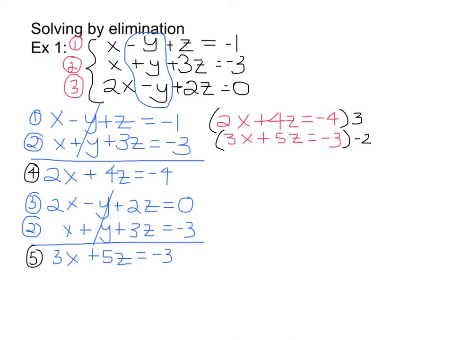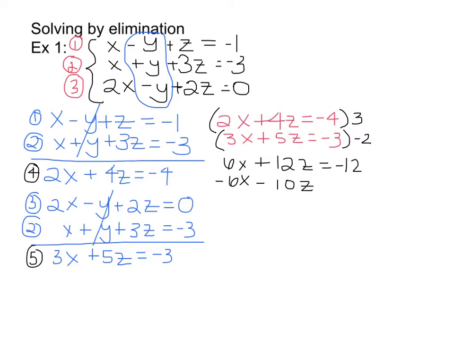So 3 times 2x gives me 6x, 3 times 4z gives me 12z, and 3 times -4 gives me -12. Now -2 times 3x gives me -6x, which is what I want. I want them to cancel out. -2 times 5z gives me -10z.